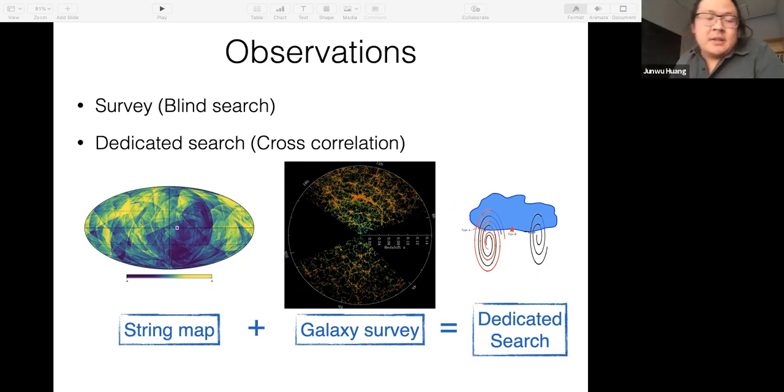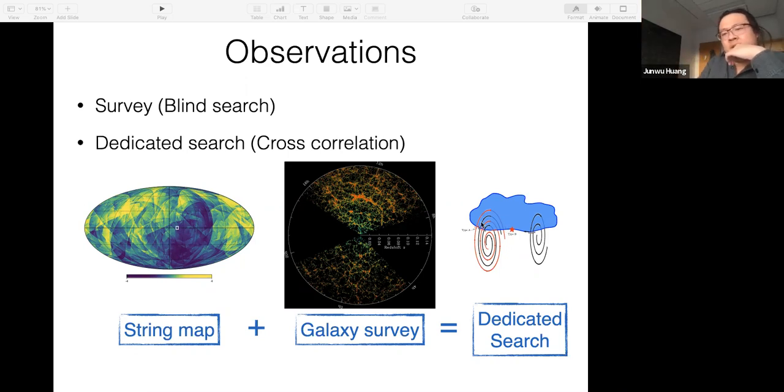So you can do different types of searches. There are two ways you can look for these things. One is a survey, which is basically a blind search: you just look for regions where there are bright collisions. In the case of this type B collision, where the string is going through two nearby galaxies, these collisions will happen outside the galaxy, and as a result you can distinguish it from background.